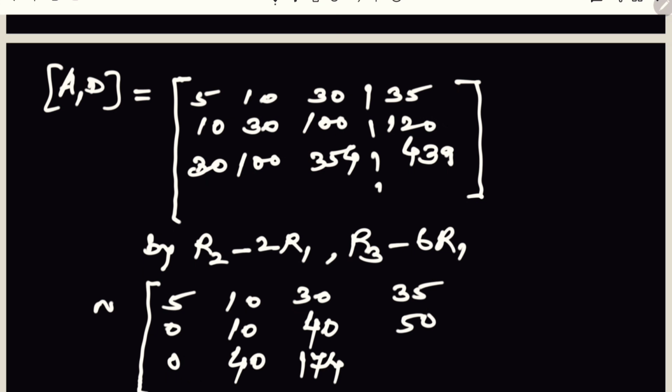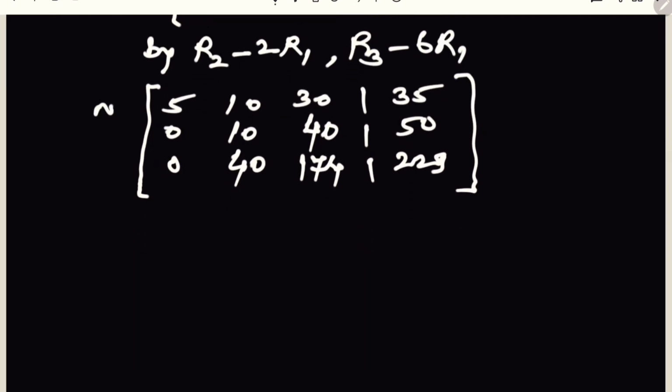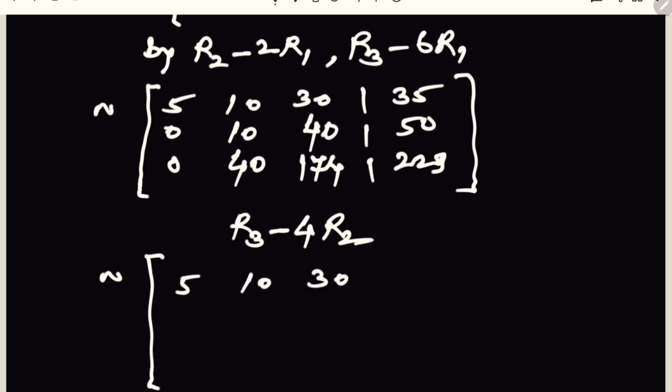And 438 minus 6 into 35, we get 228. It is not 229, it is 228. Make the small correction. Then 40 minus 4 times R2, means first two rows no change. First and second row as it is, no change.